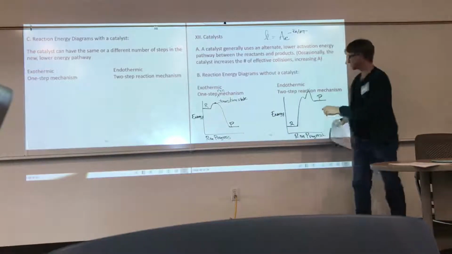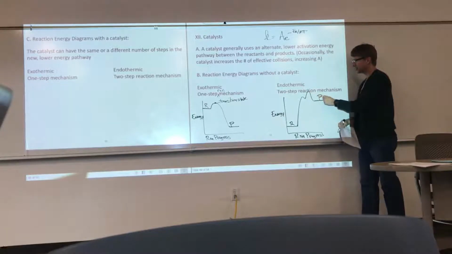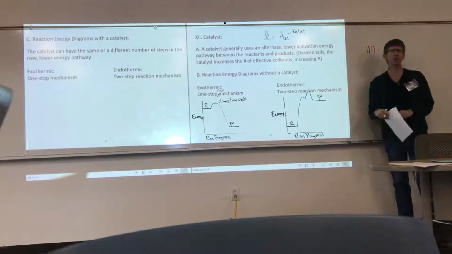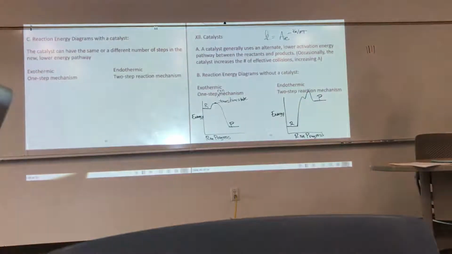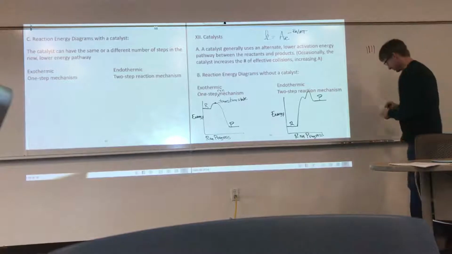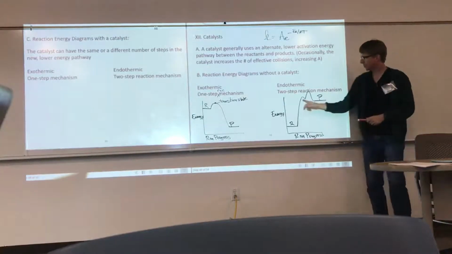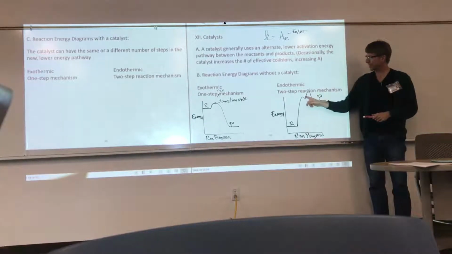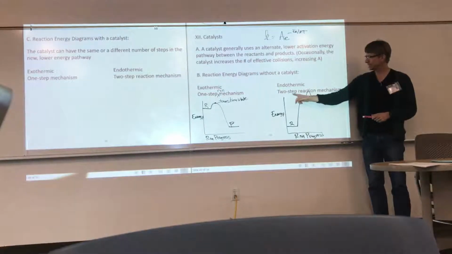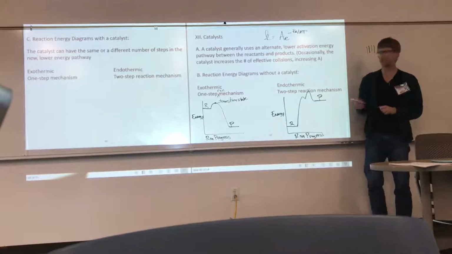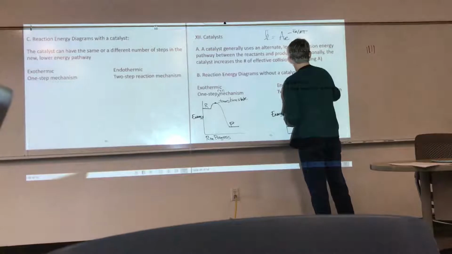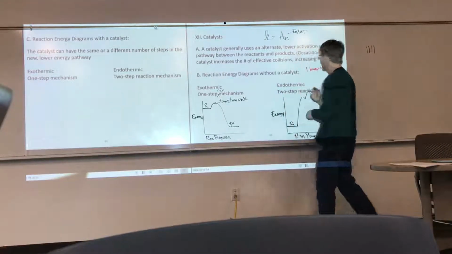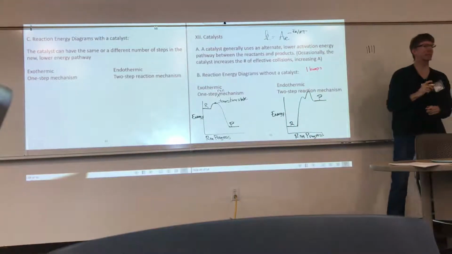I am specifically drawing this second hump here closer to products as a higher one. It doesn't necessarily have to be that way. Sometimes the first hump is higher. I'll talk about what they mean in a second. But to start with, each of these humps is one of the steps in the reaction mechanism. So one hump equals one step in the reaction mechanism.